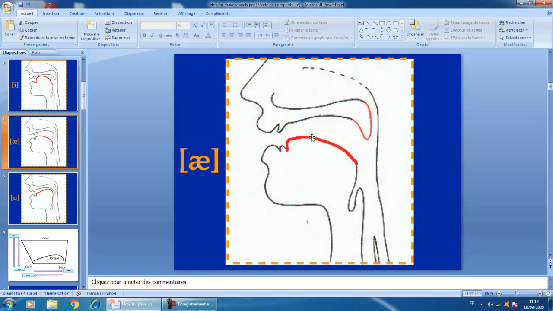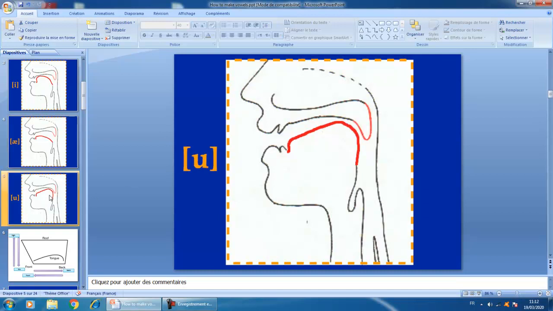So there is a difference between the quality of E and the quality of the vowel A. For E, we need to raise the tongue. For A, we need to lower it. When a vowel is produced by raising our tongue, we say that it is high. But when a vowel is produced by lowering our tongue, that vowel is called open.